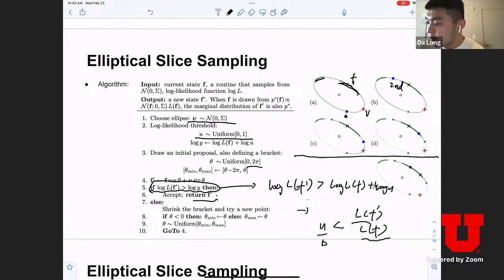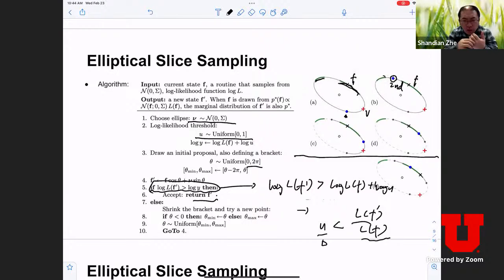Since the current sample is here, you need to discard the region between this point and the last sample here.